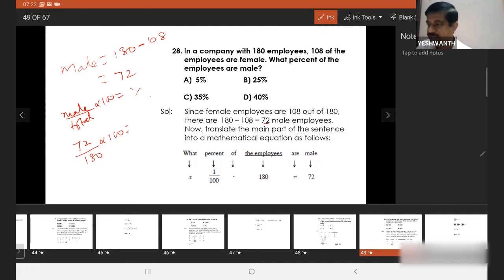So what is this equal to? You'll be getting it as 0, cancel 0. This is 5 and this is 9. 9, 8, 72. So 8 into 5. So that is 40 percentage. So option B. So instead of this mathematical language, I'm using general language. Male employees by total number of employees into 100 will give you percentage of male. Okay. Please go fast, quick.